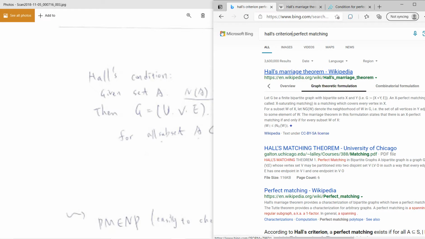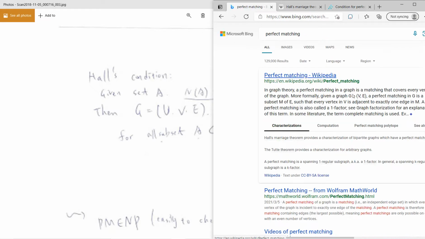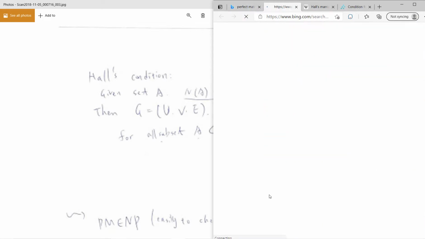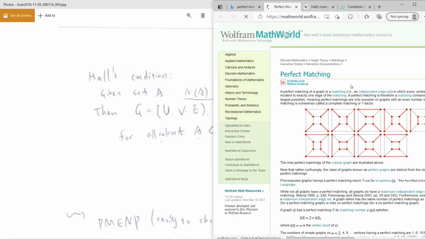Let me just type the perfect matching. For a perfect matching, if we focus on a bipartite graph, somebody gives a bipartite graph, you pick some subset of the edges of the graph, and every vertex is connected to exactly one of the edges.